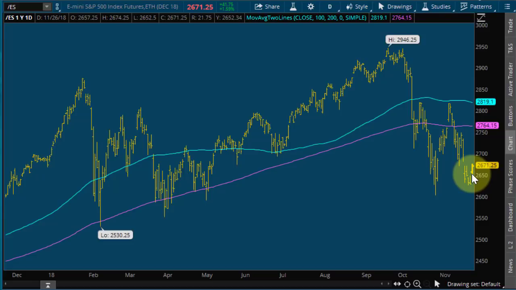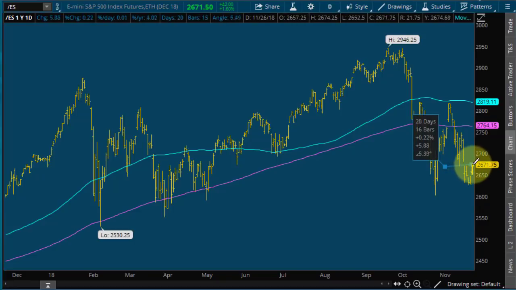Rally all morning, and then we got right to this 2671 level. 2671 is this high, which is Wednesday. It was last Tuesday's high, and then going back, it was the low of November 15th. So let's mark that level because I want to show you on a shorter term chart how the market recognizes that level.